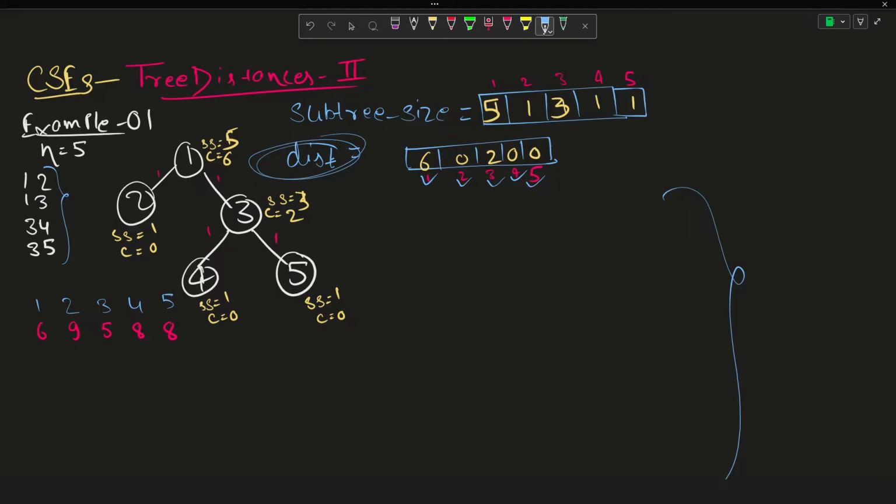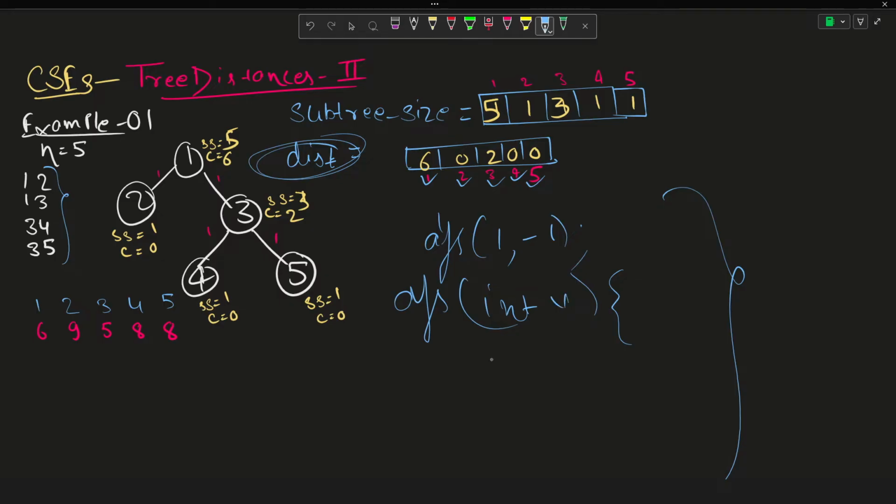So as I just told you, we will use a DFS starting from 1. So we will call a DFS for 1, and initially I will consider -1 as its parent, right? And in the DFS call, I will continue visiting each of its children until we reach the leaf node, and we would have set every value in the subtree size equal to 1 initially, and every value in the distance array equal to 0, right?